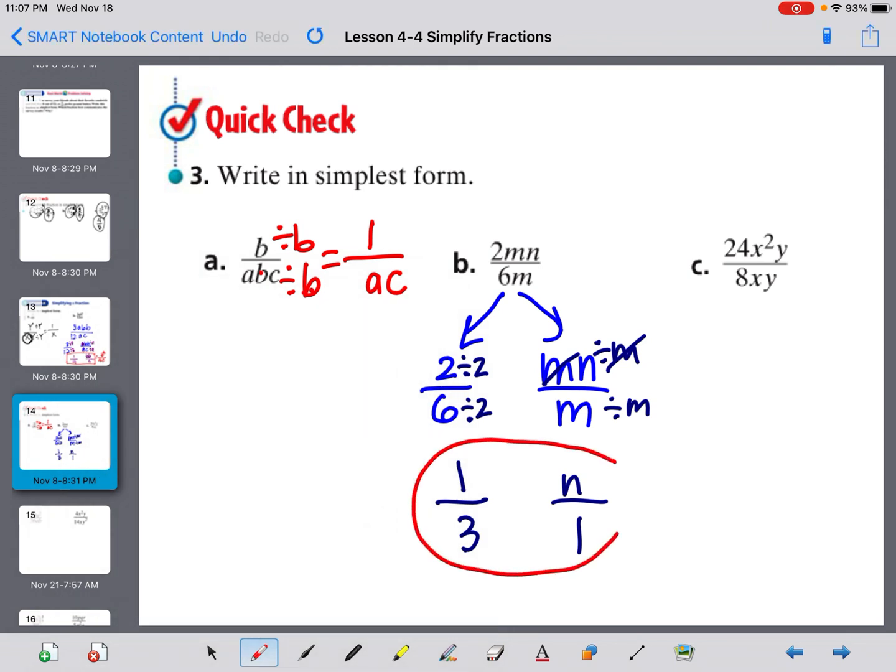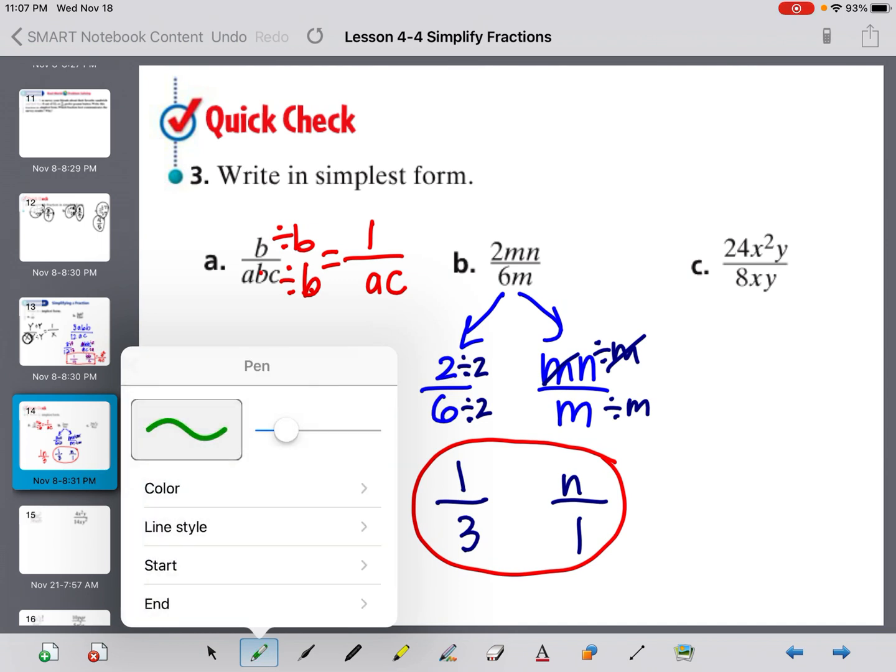So now, here's my not math word again. I'm going to smush this together. 1n over 3. Do you need a 1 there? No. Could you have it there? Yes.